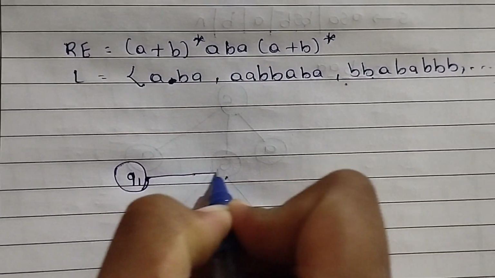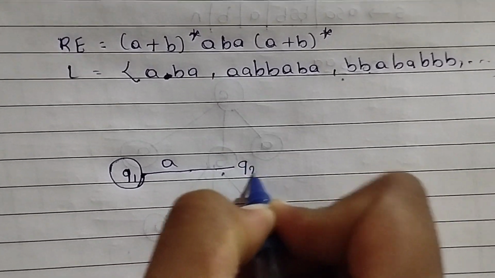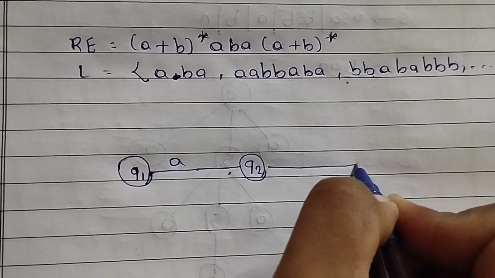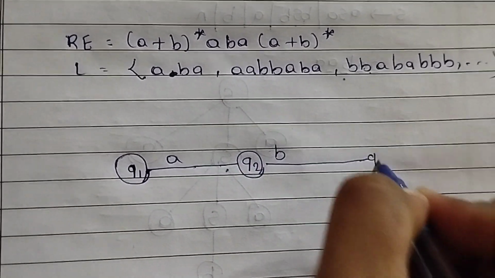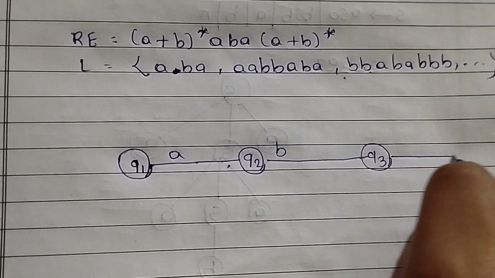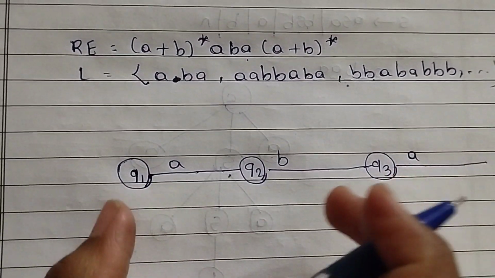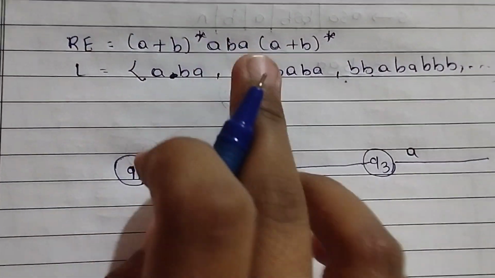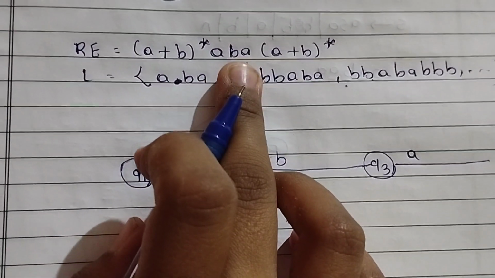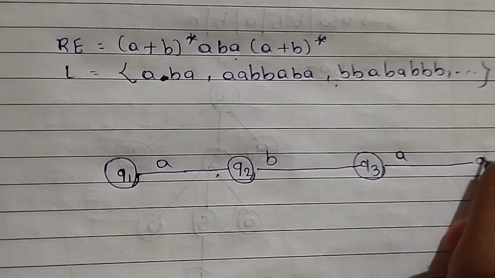So we want A, then Q2 state, then we want B, then Q3 state, and after that again A. We first write ABA, which is compulsory for this string, and then Q4.